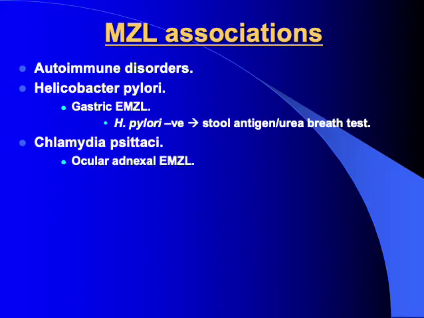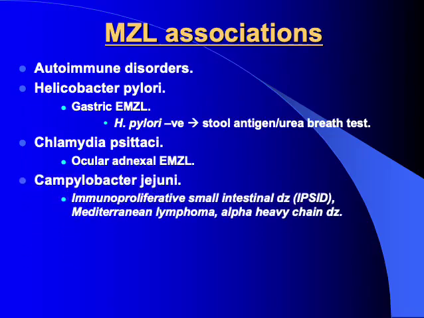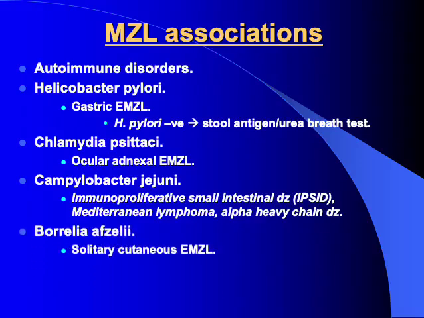Ocular adnexal extranodal marginal zone lymphoma is associated with Chlamydia psittaci. Campylobacter jejuni is associated with immunoproliferative small intestinal disease, IPSID, or Mediterranean lymphoma, or alpha heavy chain disease. Borrelia is associated with solitary cutaneous extranodal marginal zone lymphoma.